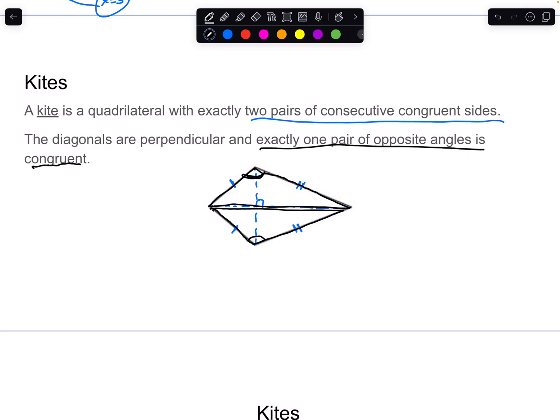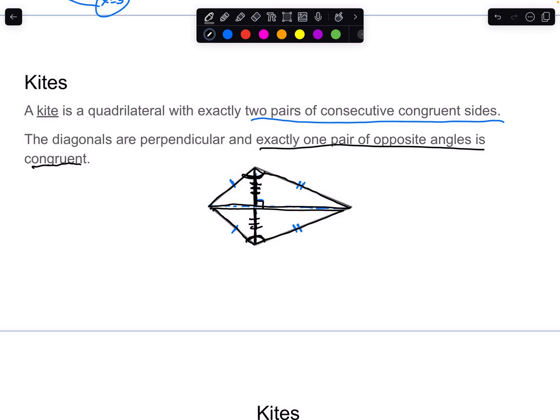Only these here are going to be congruent. And because those are congruent and they're intersected here by 90 degrees, I can tell that this length, this measurement here that I'm drawing with 3 tick marks, will match this length as well. And I'll put 3 tick marks.